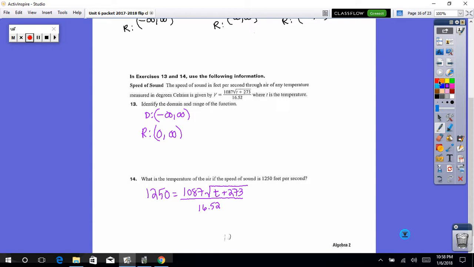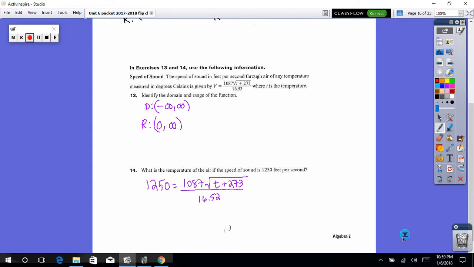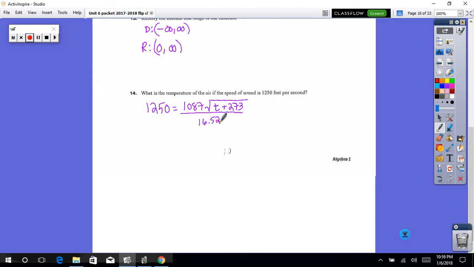Okay, so we have some algebra to do. In order to get rid of this as our denominator, we are going to multiply both sides by it, which cancels out on this side.